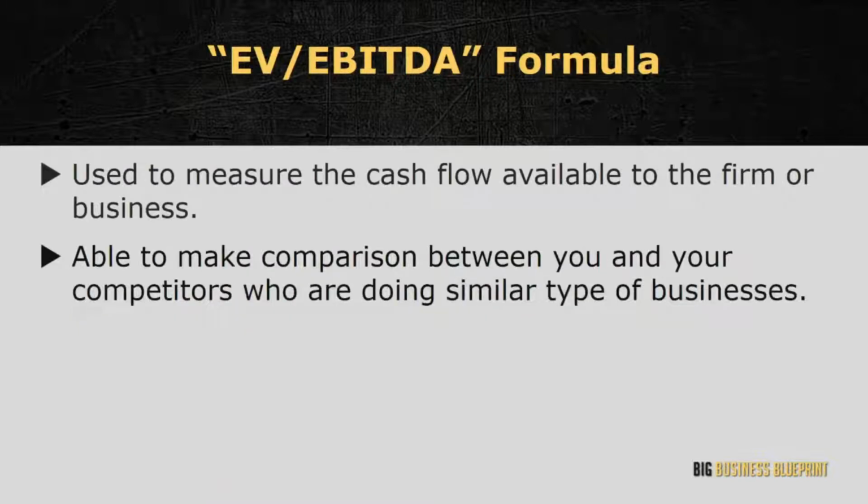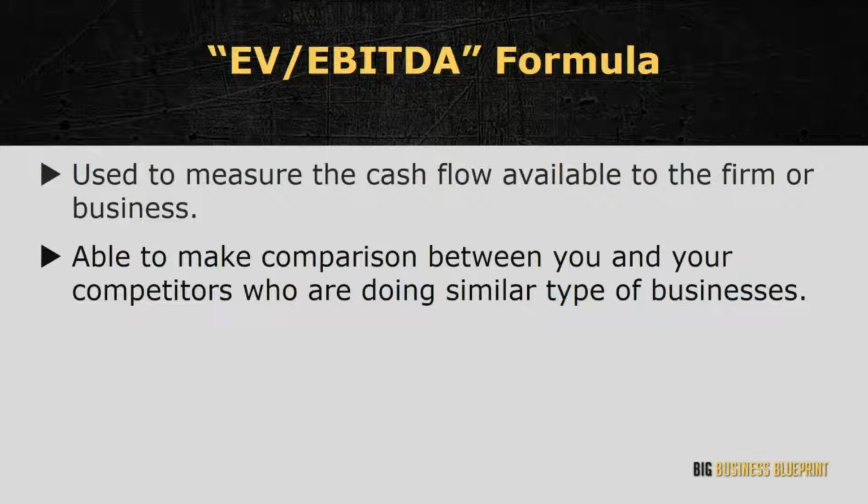However, a more precise way of doing it will be using the EV over EBITDA formula. It's used to measure the cash flow available to the firm or business. EV to earnings before interest and taxes, also referred to as EV over EBIT, is used for less capital-intensive companies with a smaller depreciation and amortization expense.